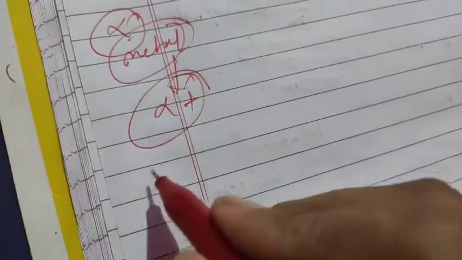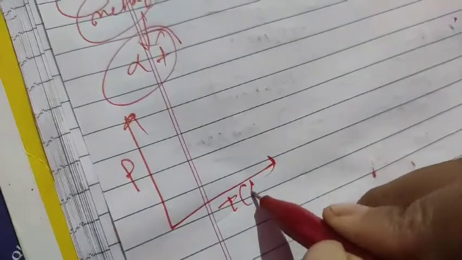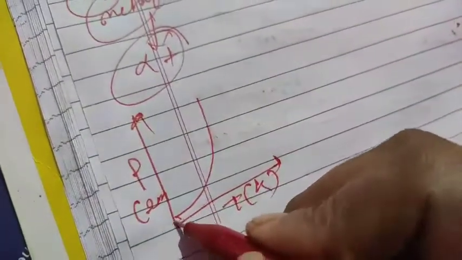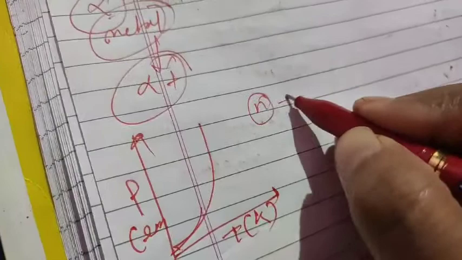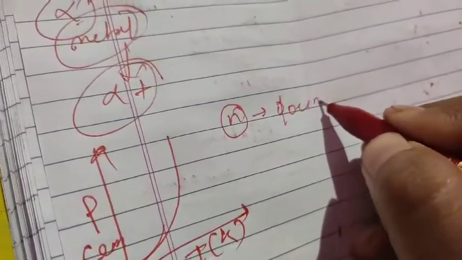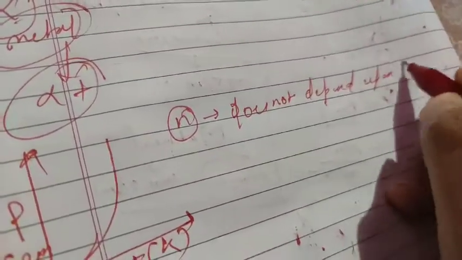If I draw the graph, which is a very important graph in examinations, they used to ask rho versus T. Take this axis in Kelvin and this in ohm meter, and the graph is like this. This graph tells that n, the number of free electrons, does not depend upon temperature.